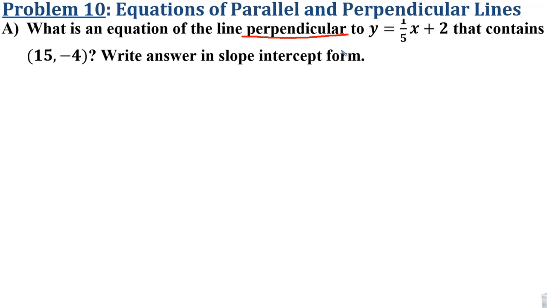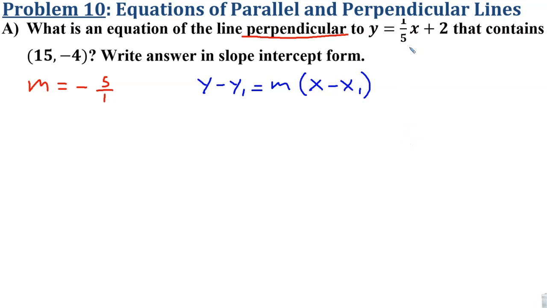So if I want an equation that's perpendicular to y equals 1/5 x, my slope is going to be the opposite reciprocal of 1/5. In other words, -5/1. Once we have our slope, we can go ahead and write our equation out. Now here they gave us a point, so we'll go to point-slope form. We'll fill in what we know.